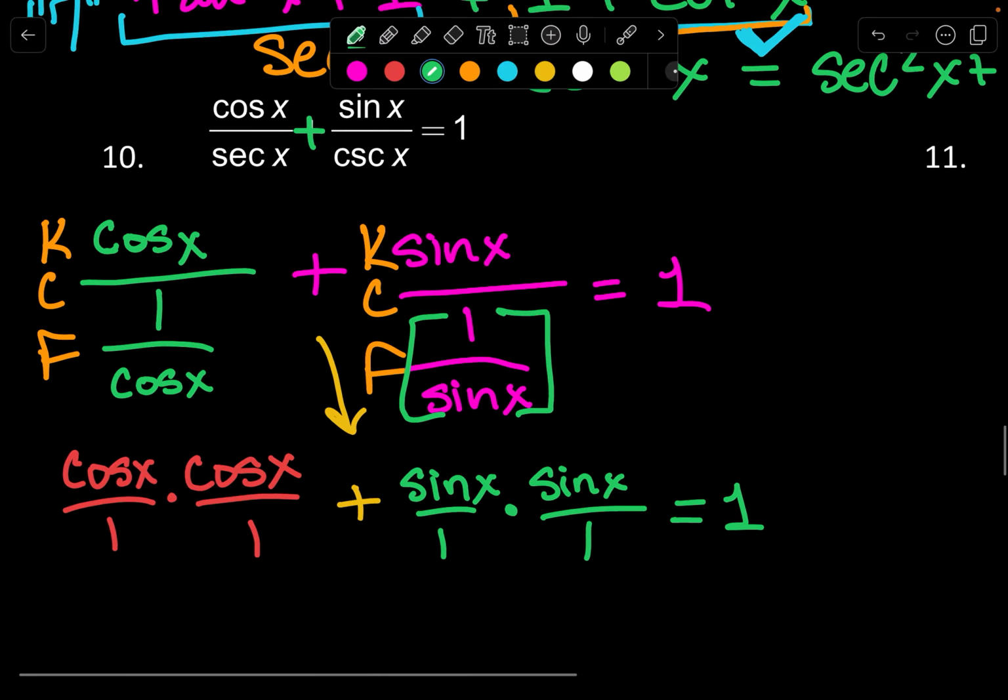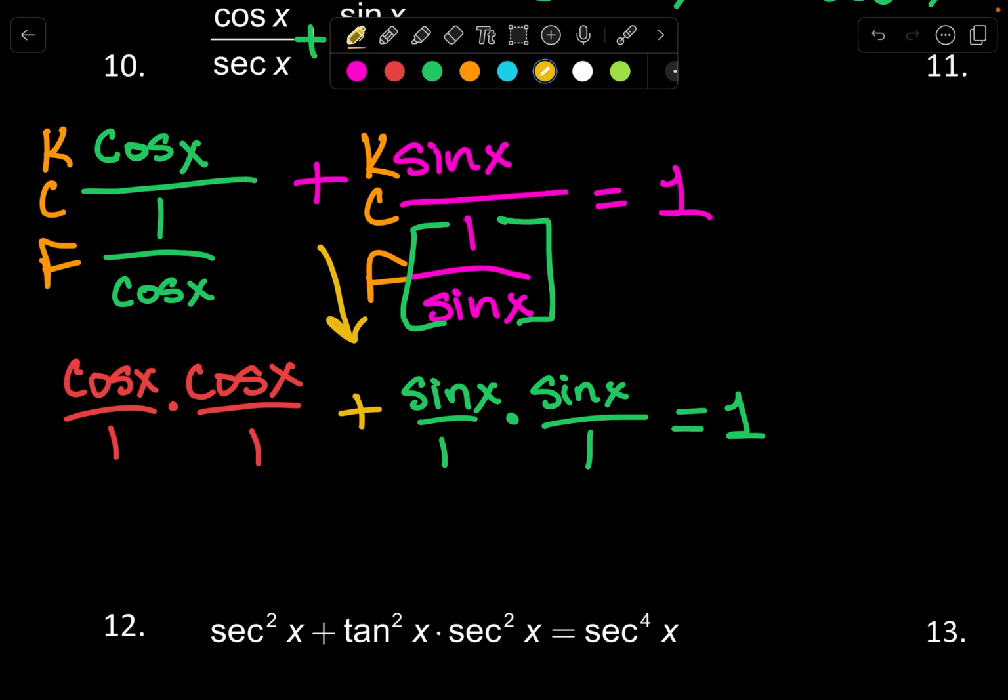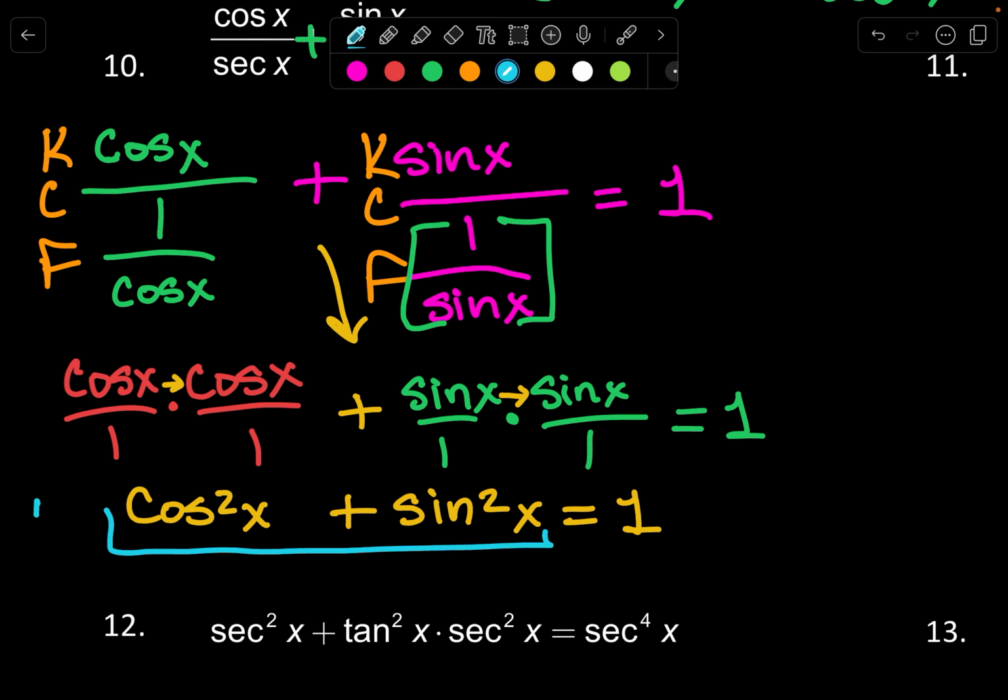Now what I've got is cosine x times itself over 1 plus sine x times itself over 1 equals 1. This entire left side is one of the Pythagorean identities. It all just equals 1. And so we are able to prove that the left side equals 1, the right side equals 1, 1 equals 1. That is a proof.